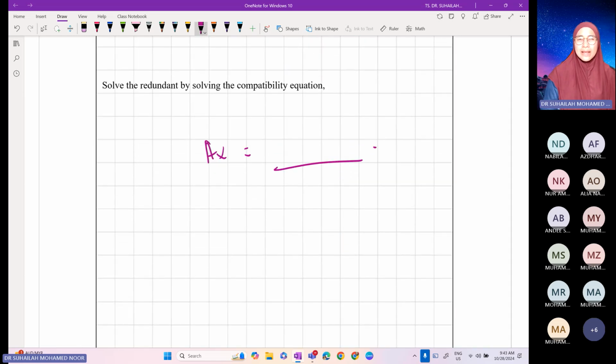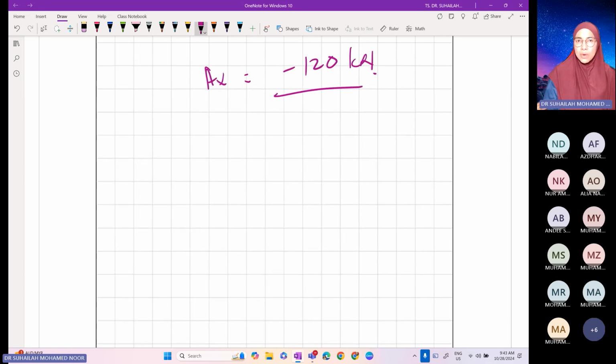AX ni katalah AX ni dapat negative 120. Contoh only. So kita akan dapat nanti one equation to calculate reaction and also member forces. Member forces is N. N is equal to N not plus N1 kali dengan redundant.